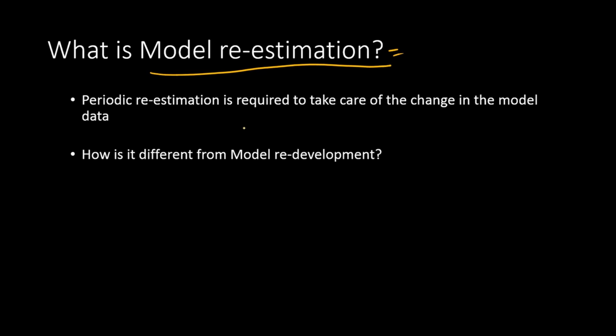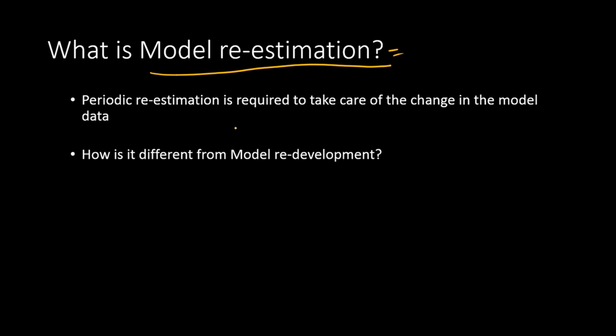Because of the changing nature of business, because of changing nature of customer behavior, because of introduction of new technology. Like if you build a model, let's say 10 years ago, there were no smartphones, or there were fewer smartphones. But if you look at today's consumer market, it's driven by more smartphone use.